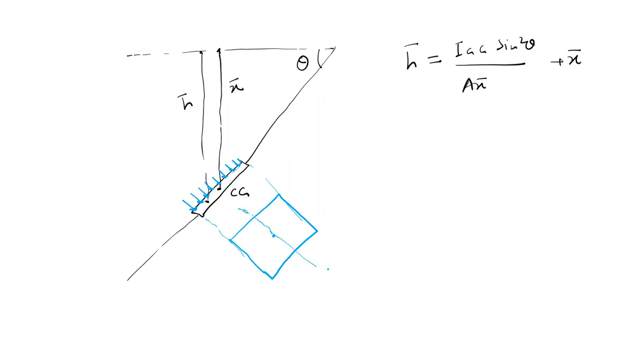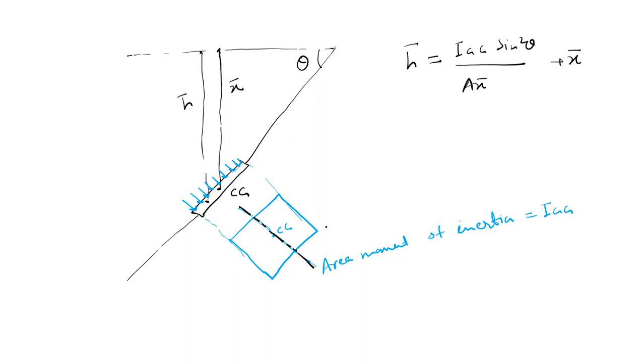Igg is the area moment of inertia about this axis. Okay, clear? About this axis, that is Igg.